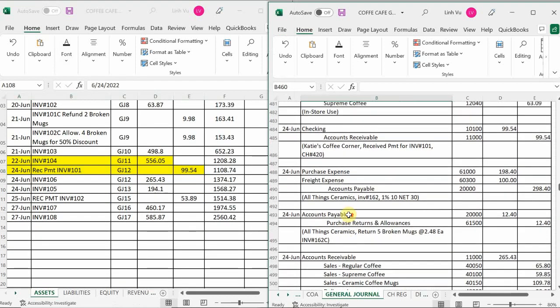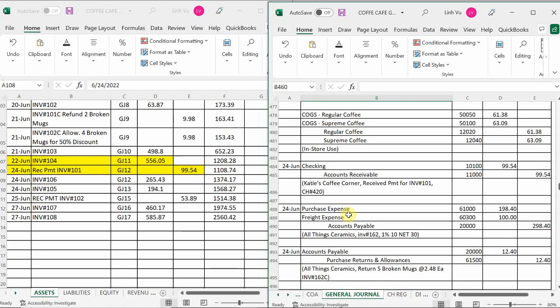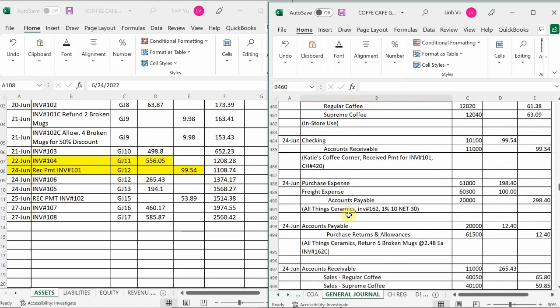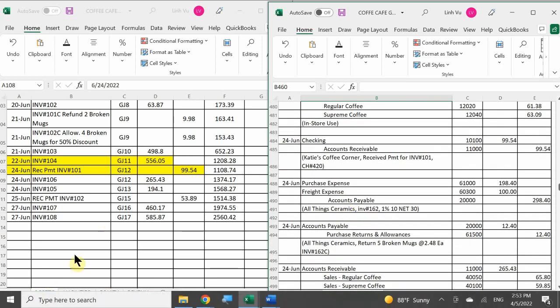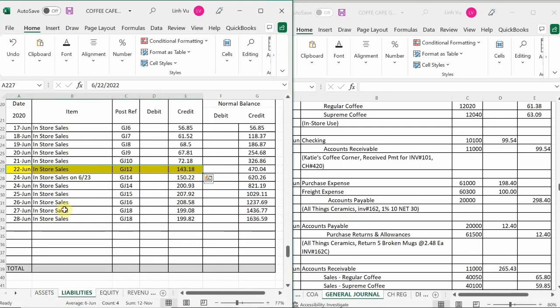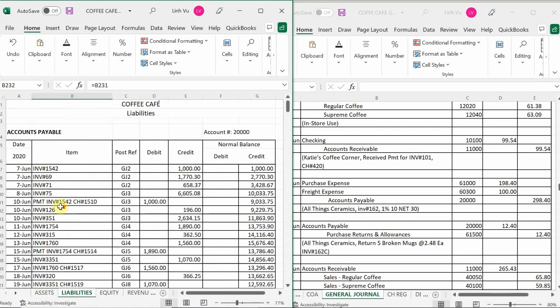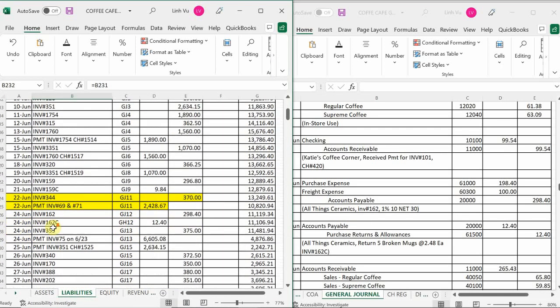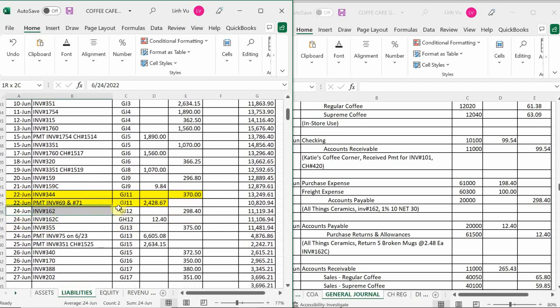Purchase expense, freight expense, accounts payable. For $298. Yep, it's $298.